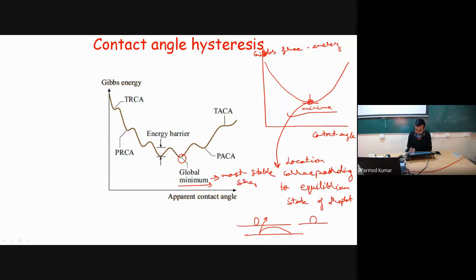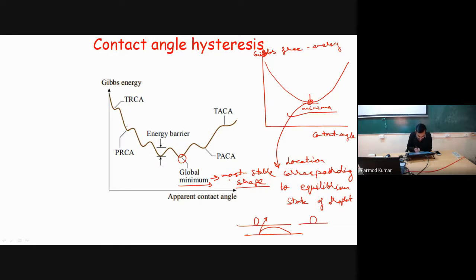We will also have some minima where the contact angle is different from the most stable contact angle, and the droplet has the opportunity to move from one minimum to another.